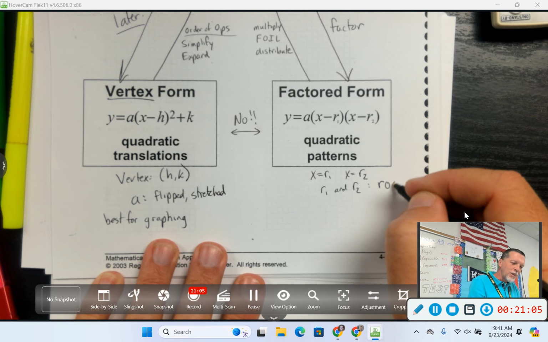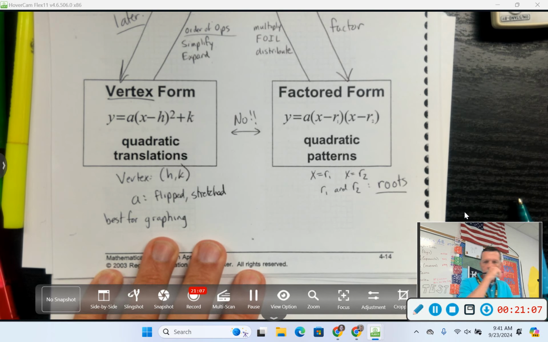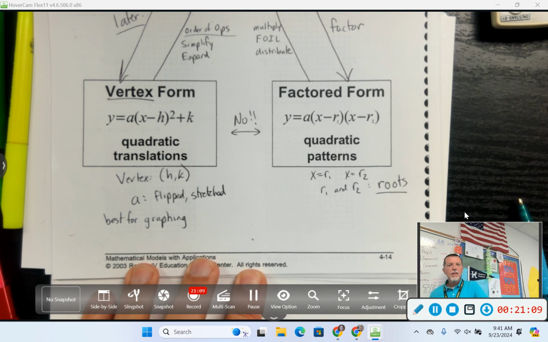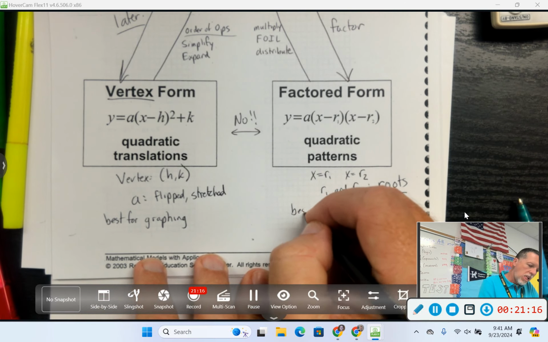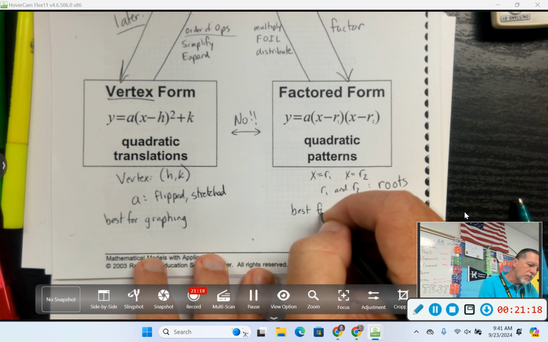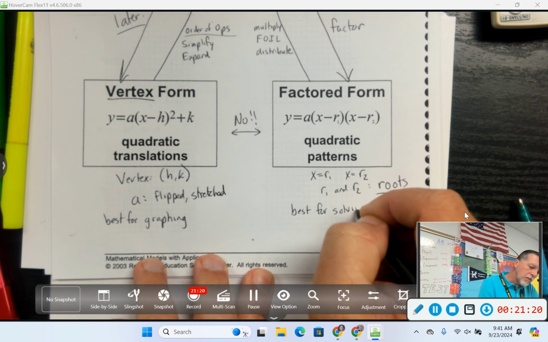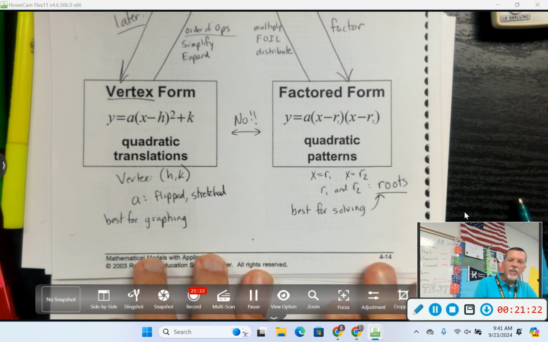Resolutions? Those would be the roots. The roots. That format would be best for solving for the same reason that it's easy to find the roots.